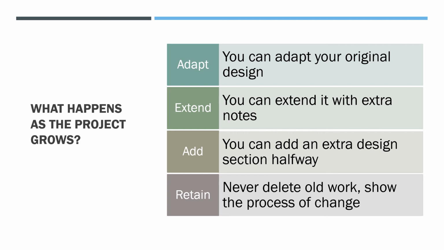Here are some things that you can do if your project grows bigger than your original design. You can go back to the design section and extend it by adding extra notes or adding improvements that you've thought of later. Or you could create a new mini design halfway through your project and just drop that in to show how, oh, halfway through I decided to change the design and here is my new design. That's absolutely fine as well.